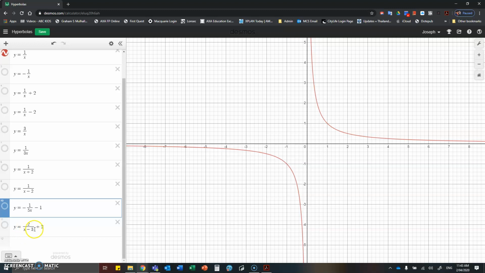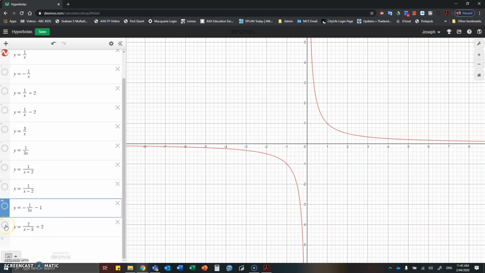It's a minus 3, but it shifts it to the right. The 2 above is going to make the hyperbola fatter or wider. It's going to dilate it. And the last one is that the plus 2 is a vertical translation, 2 units going up.